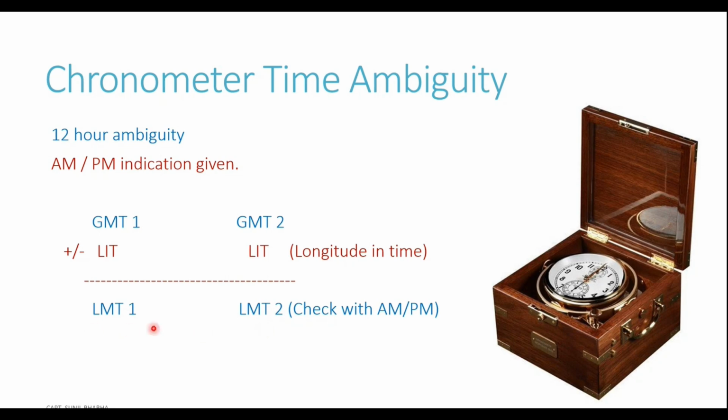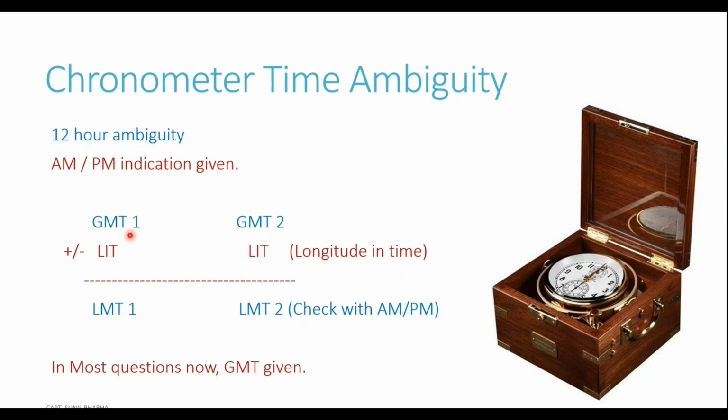So you find out which is the correct LMT by using the AM/PM indication given in the question. Once the correct LMT is obtained, you can go back upwards and you can identify which was the correct GMT. That is the resolution of chronometer ambiguity.